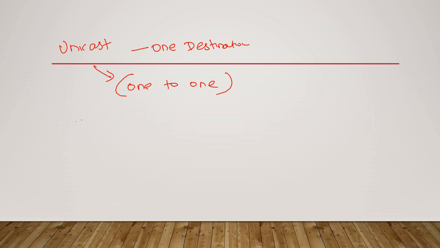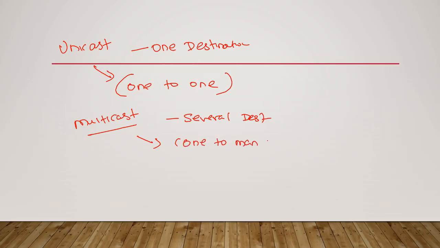Okay, multicast routing, very simple. The datagrams are destined for several destinations, not only one. So there will be several destinations. This is called a one to many path. The router has a forwarding table, and forwards the packets to the next node on its way to the final destination.